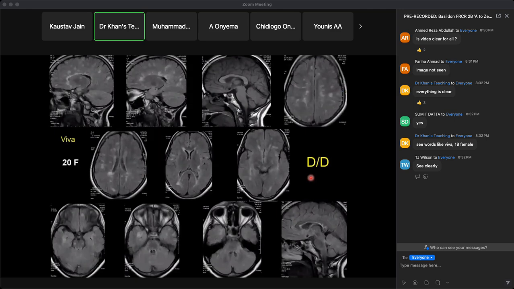Okay, so we have selected sagittal and axial images of the brain in T1 and FLAIR.